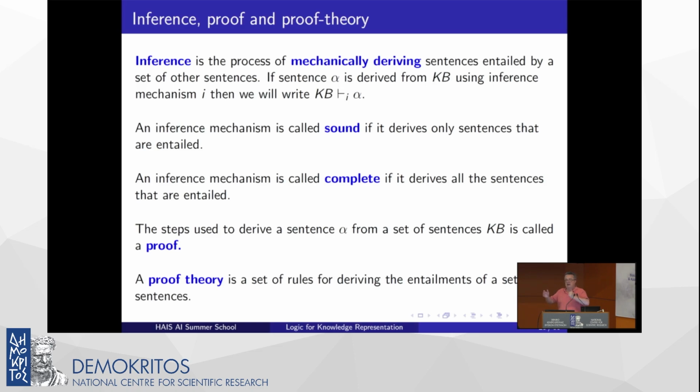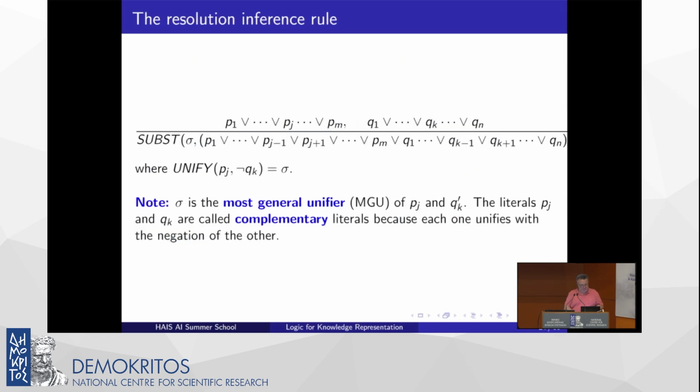This is soundness. And what is completeness? Completeness is whatever is entailed, it can be proven. Completeness is harder, as you might expect. And typically, we define a proof theory to be able to do this. And proof theories consist of inference rules. And one important inference rule is the resolution inference rule in AI, okay?